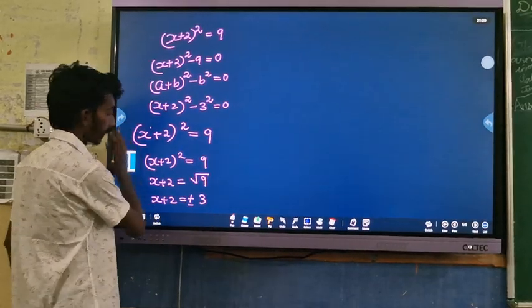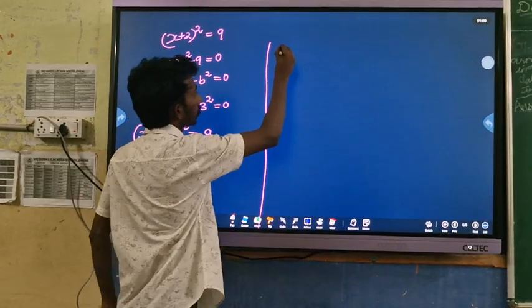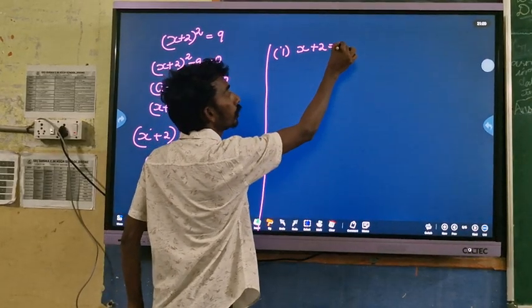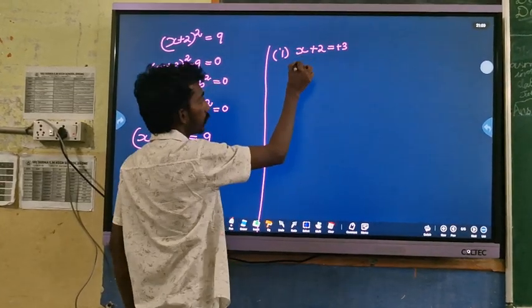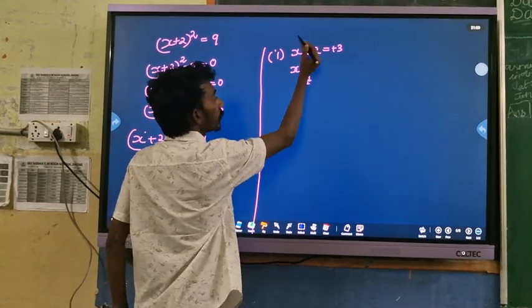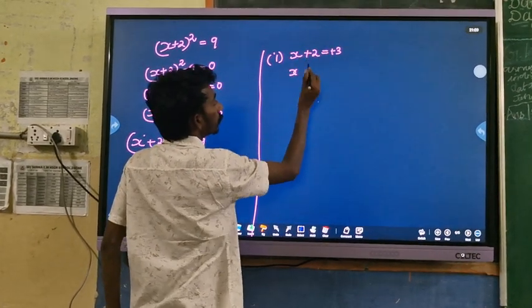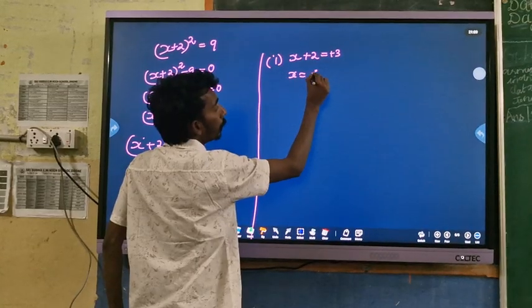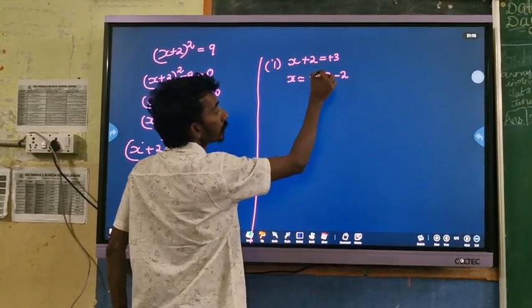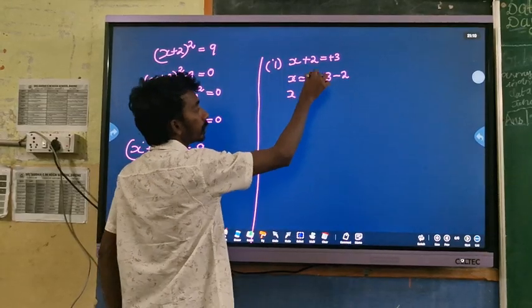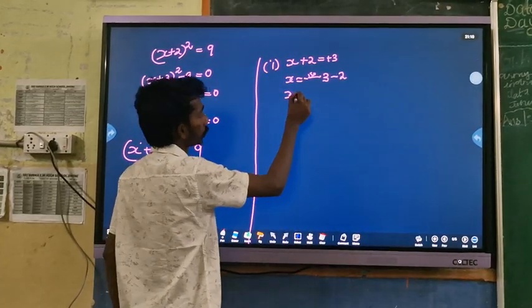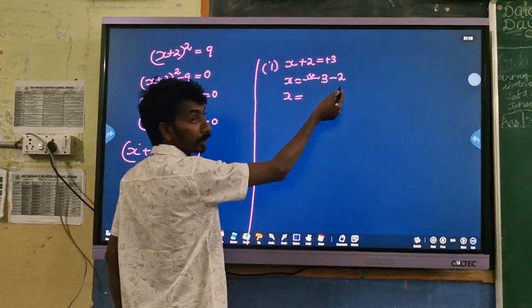So here we will take the first one, x plus 2 is equal to plus 3. Then x is equal to plus 3 minus 2. What is plus 3 minus 2?